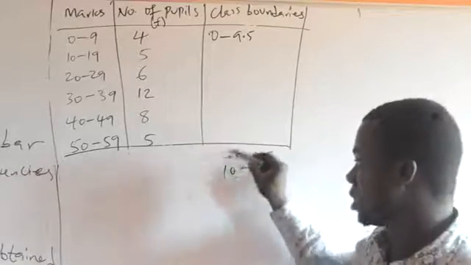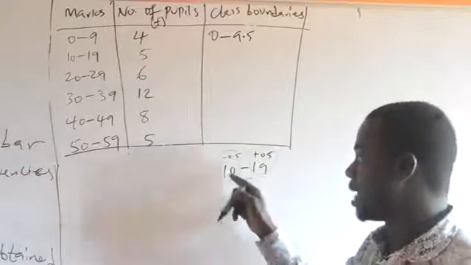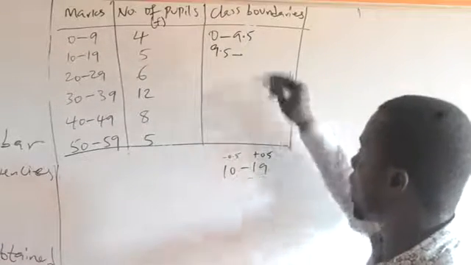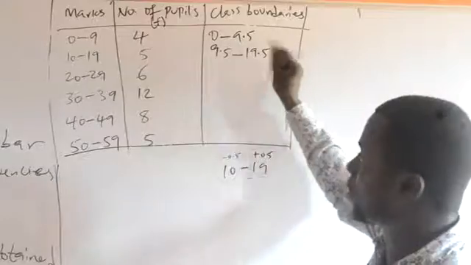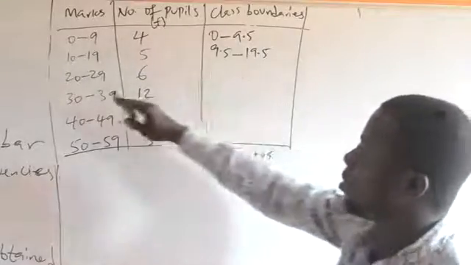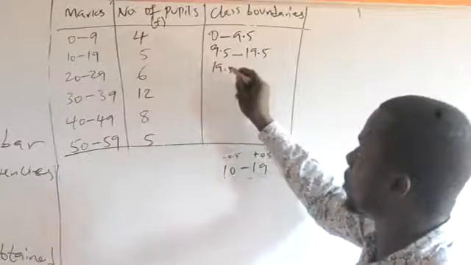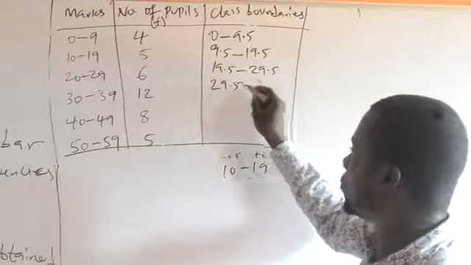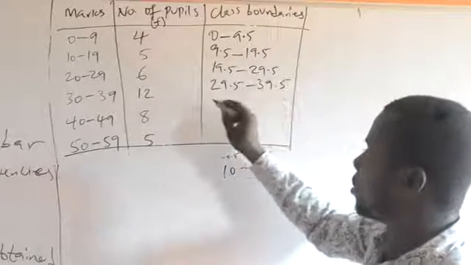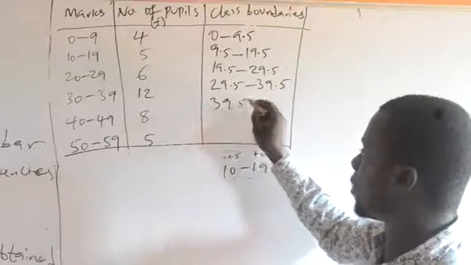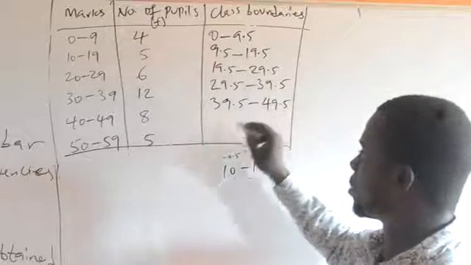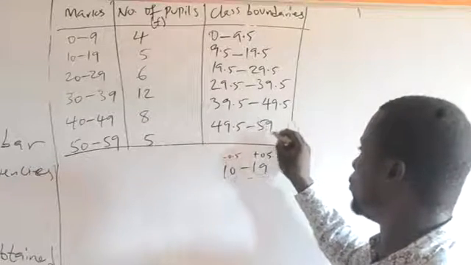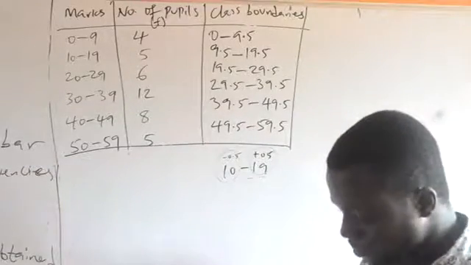This is the lower class boundary, this is the upper class boundary. 10 minus 0.5 gives 9.5, and 19 plus 0.5 gives 19.5. The same thing follows: 19.5 to 29.5, then 29.5 to 39.5, 39.5 to 49.5, and 49.5 to 59.5.